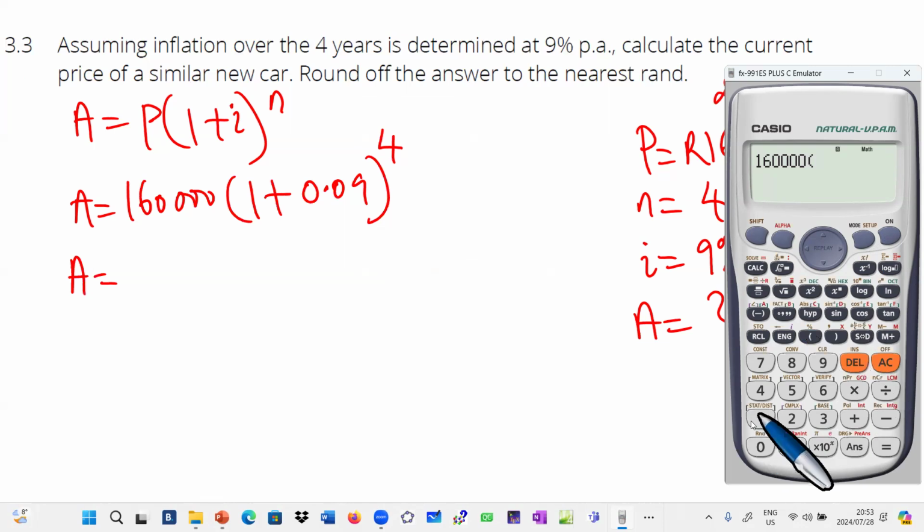160,000, open bracket, 1 plus 0.09 raised to the power 4, which is exactly 225,853.